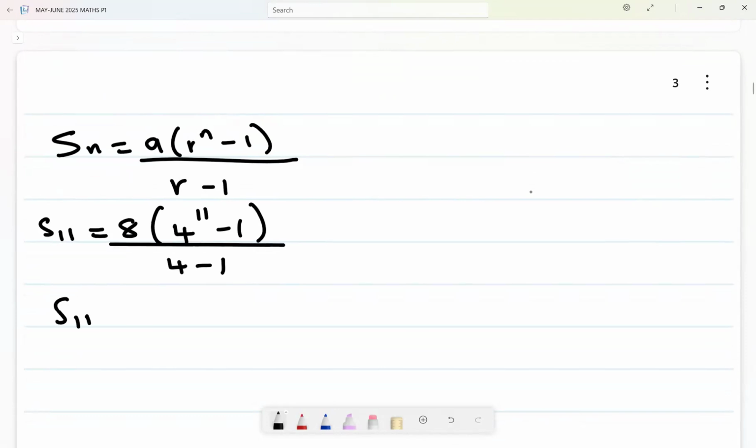Let's check how much you get, guys. 8 times (4 to the power of 11 minus 1) divided by 3. You get about 11 billion. I don't know how to call this number, guys, but I want to believe you can see it on your respective calculators. So this is what you get.